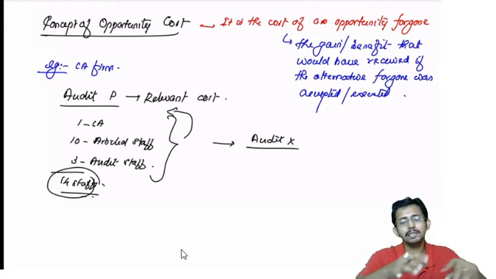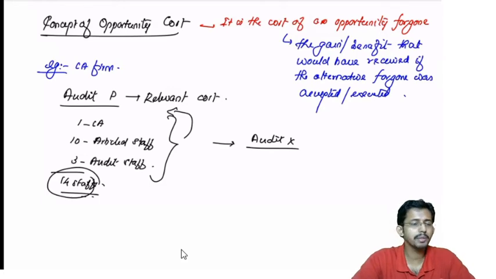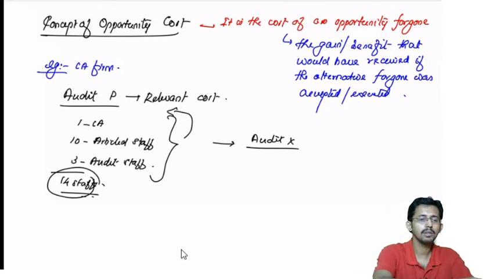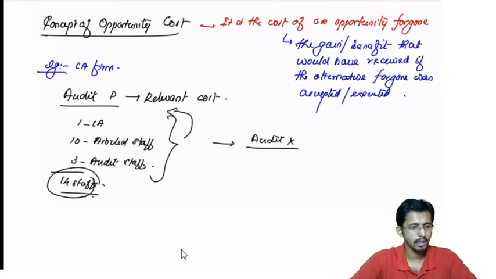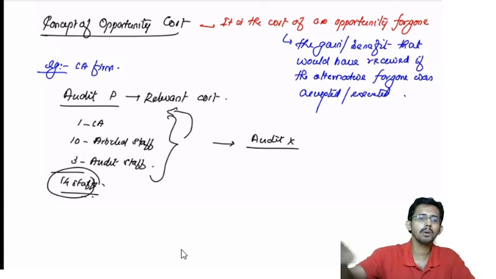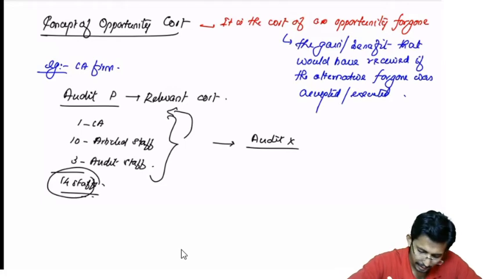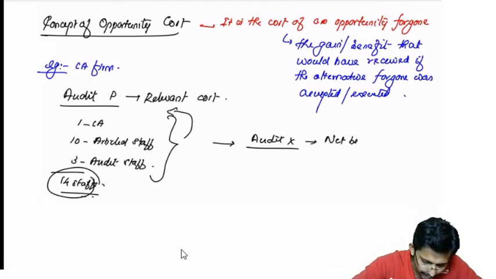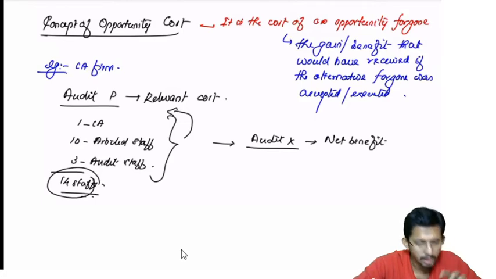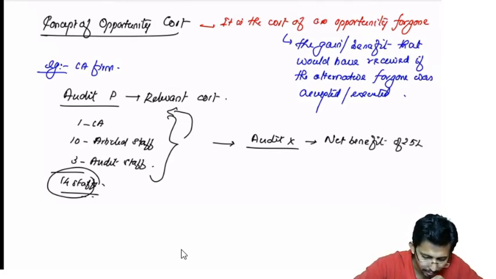You have only 14 staff in your office, so you have to take either audit P or audit X. If you are taking audit P, then you cannot do audit X. Now if you were doing audit X, then you would have received a net benefit, meaning revenue minus cost, of let us say 5 lakh rupees.